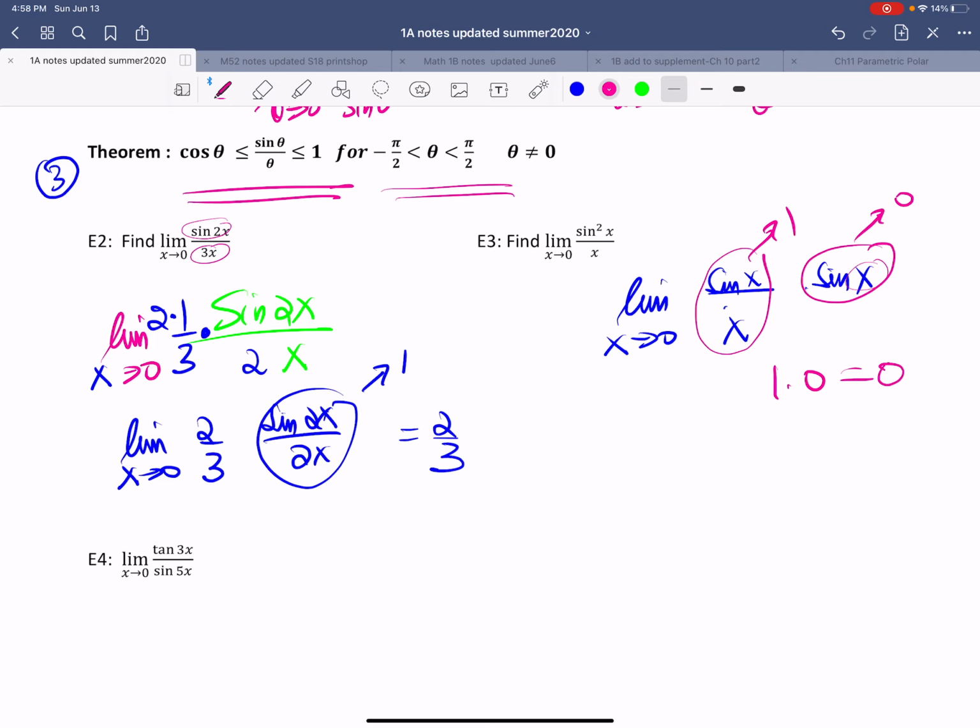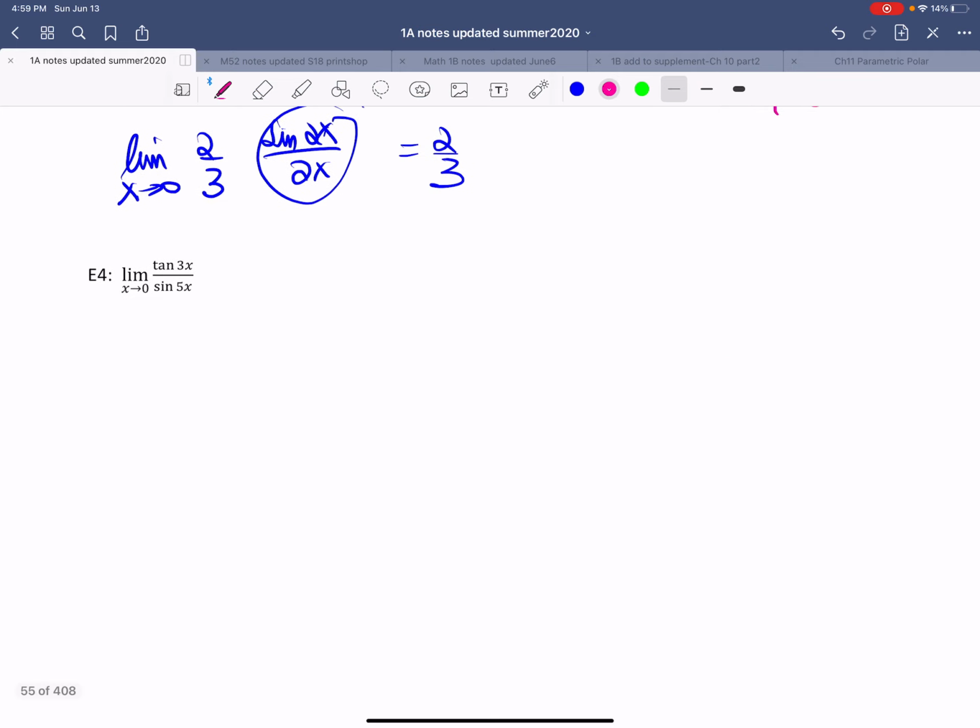In this video, we're only going to look at trig limits, the limits involving trig functions. Tangent 3x over sine 5x. Okay, so let's go ahead and split them. We have tangent 3x, so I'm going to write it as sine 3x over cosine 3x, as a product.